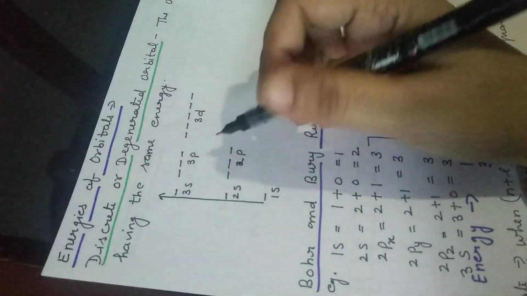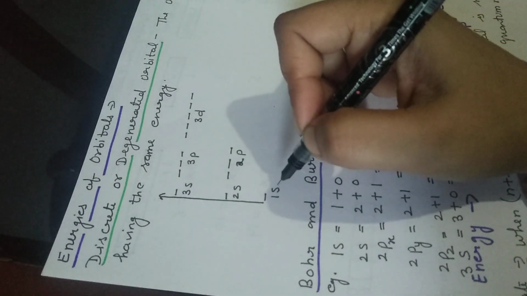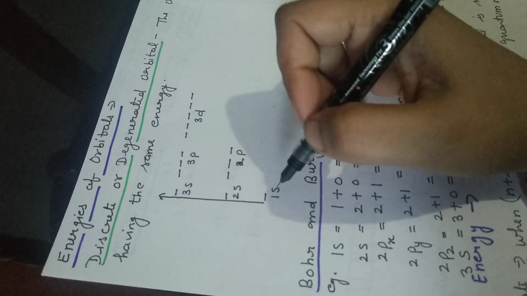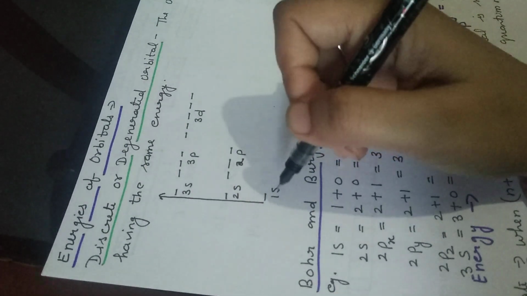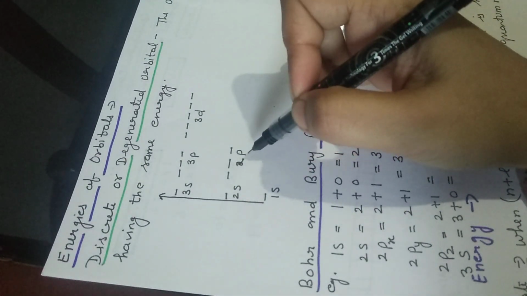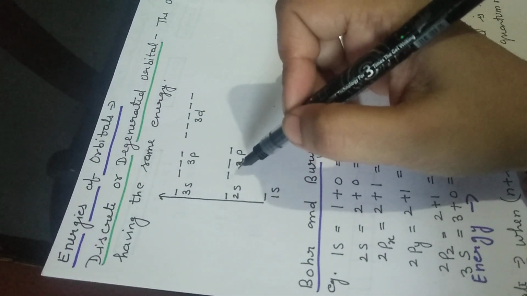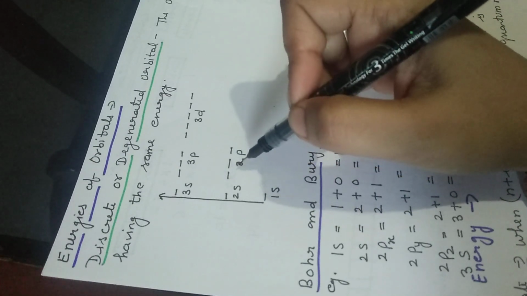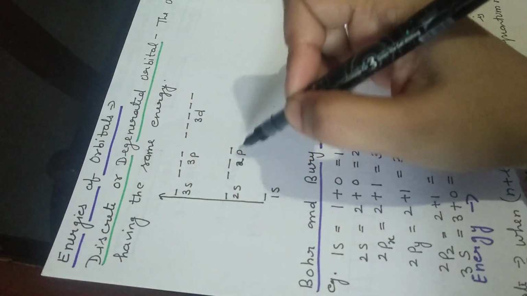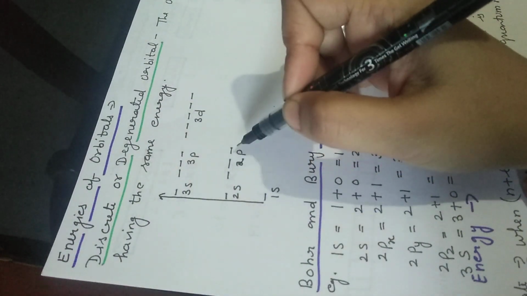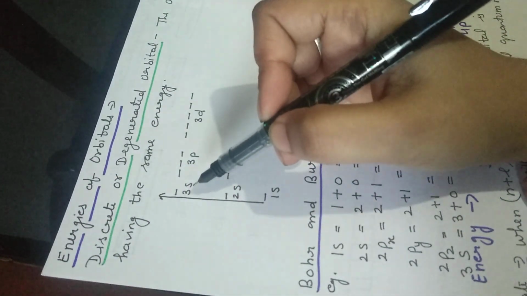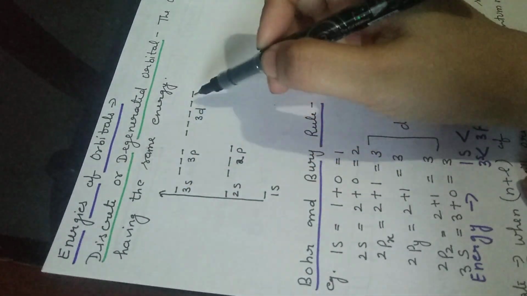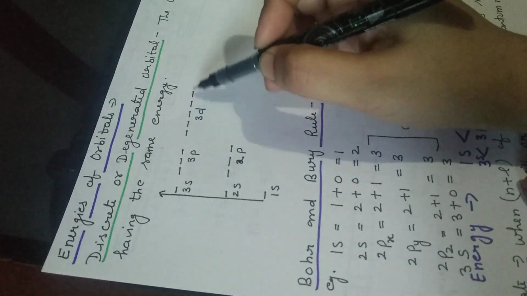Because 1s can accommodate only 2 electrons, it has only one orbital. 2p has 3 orbitals, so we write them as px, py, pz as we know earlier. Here 3s has 1 orbital, 3p has 3 orbitals, and 3d has 5 orbitals: 1, 2, 3, 4, 5.